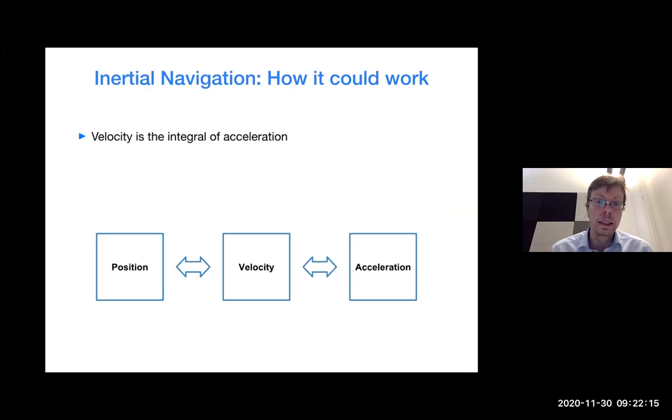And the idea is that when we are able to measure accelerations, we can get the velocity by integrating the accelerations. And then the change in position is the integral of velocity.